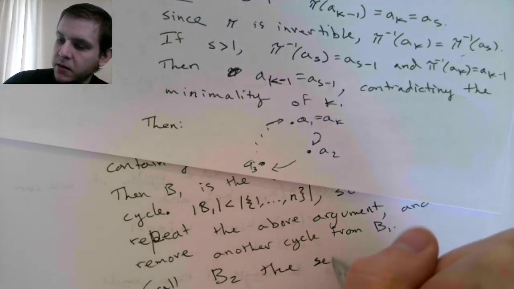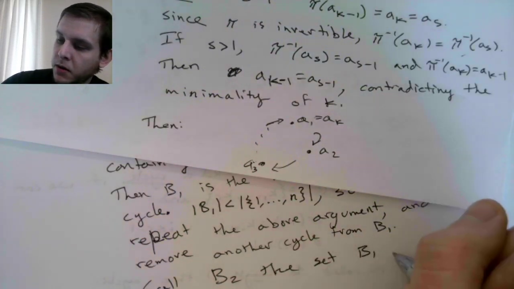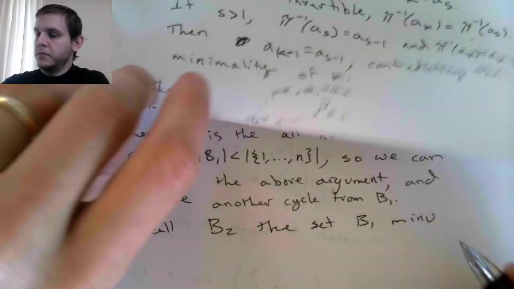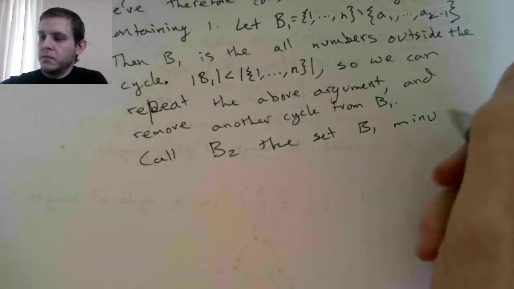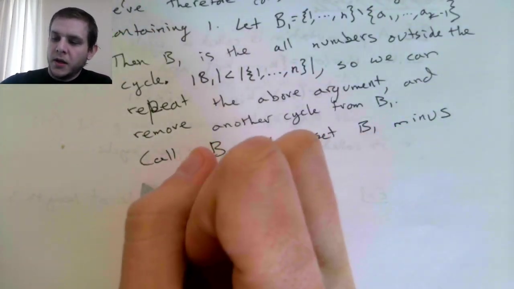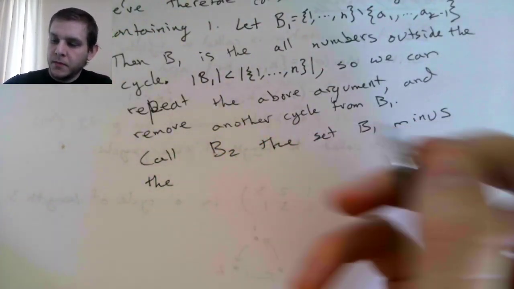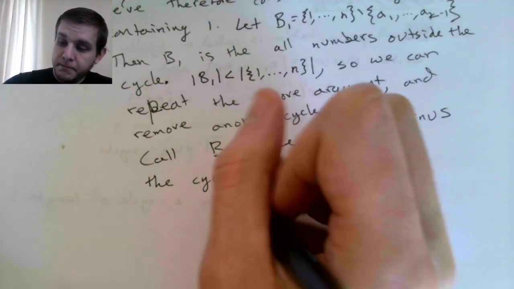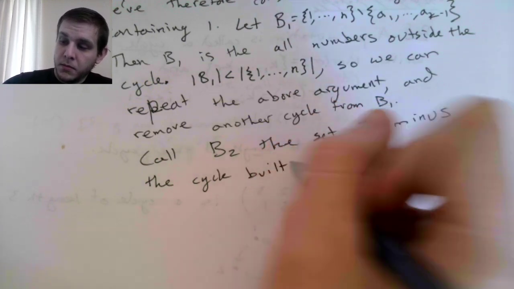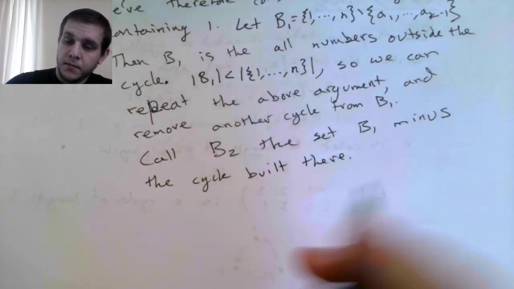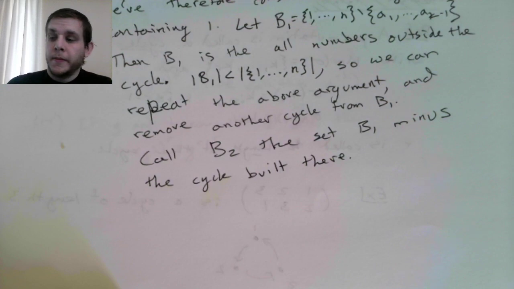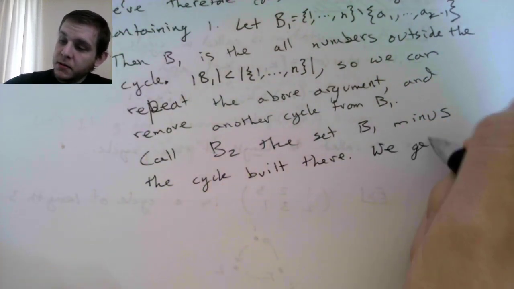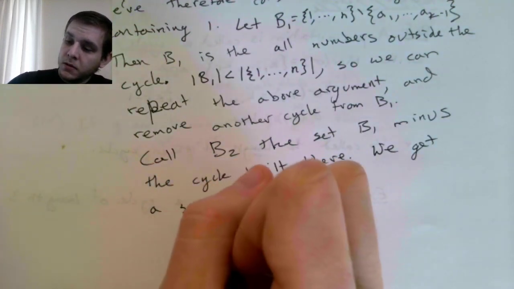The set B1 minus, oops, the cycle built in B2, in B1. So we get a sequence of sets.